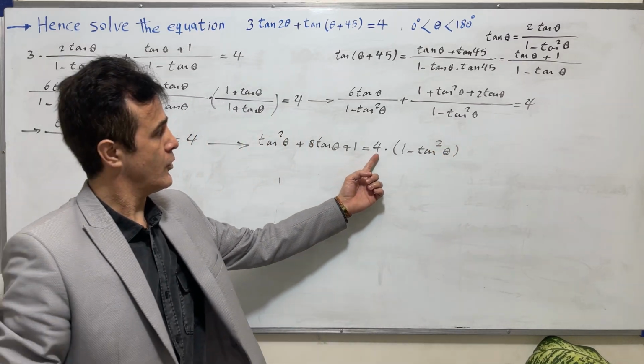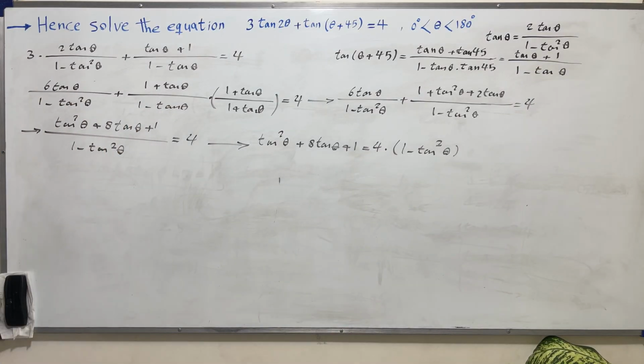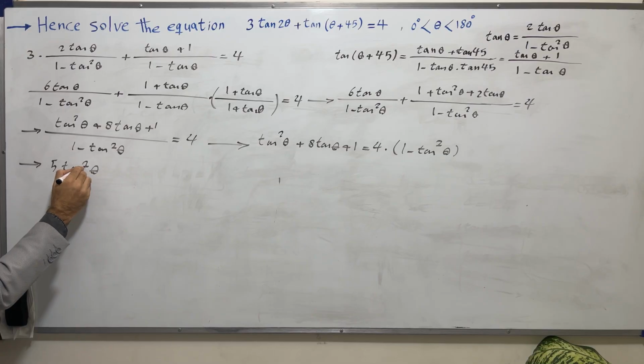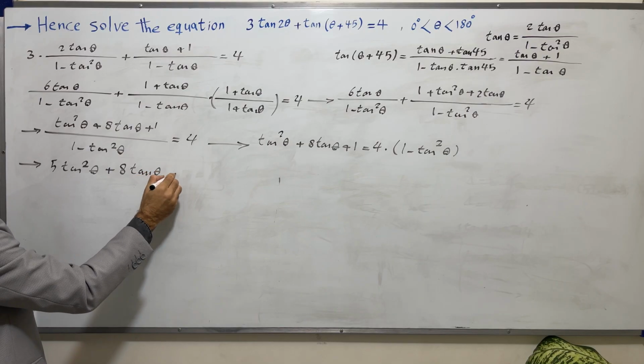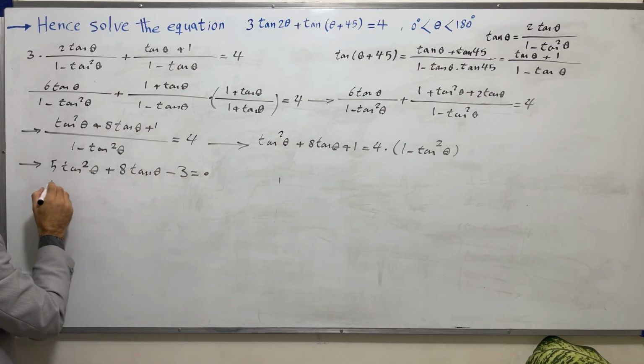By multiplying 4 over 1 and tan squared θ and moving to the left hand side of the equation, we have 5 tan squared θ + 8 tan θ minus 3 equals 0.